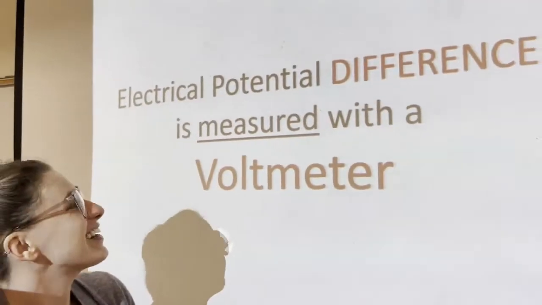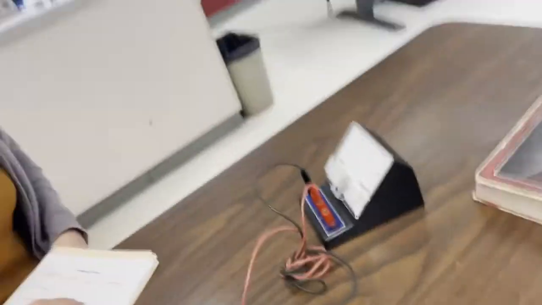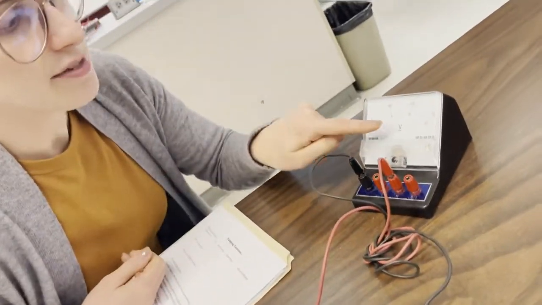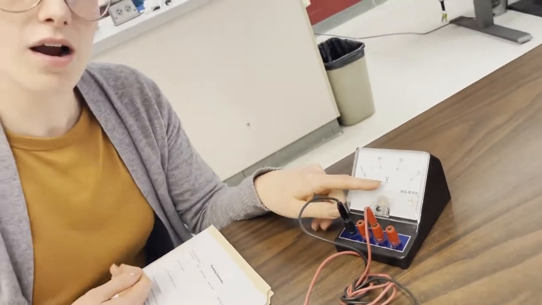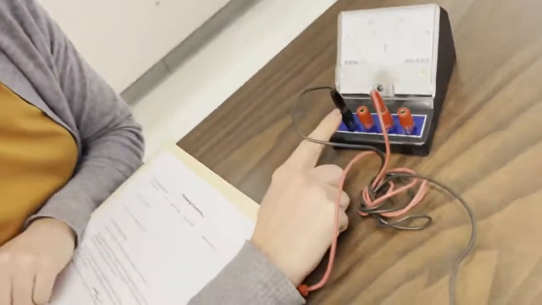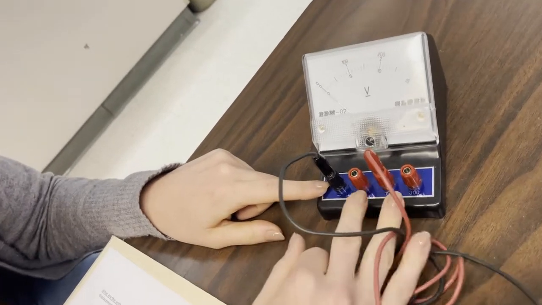A voltmeter. It's time for our lab. Let's talk about the voltmeter first. This is our voltmeter, and it measures electrical potential difference. It has a V there because the units for electrical potential difference are volts. We have one black input, a post, and then we have three red ones.